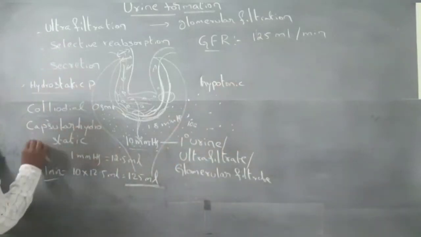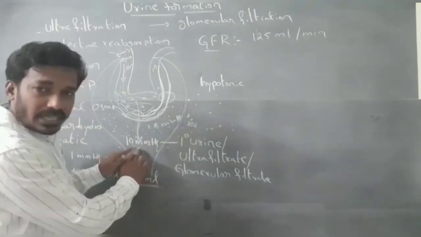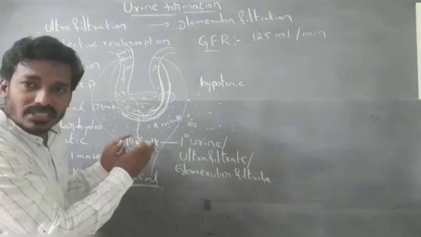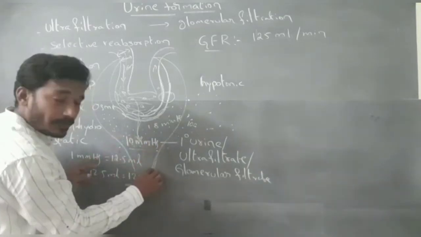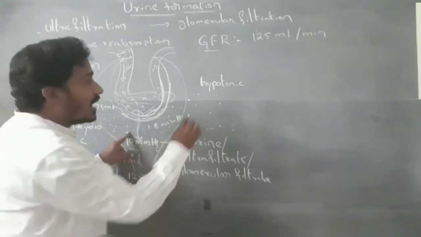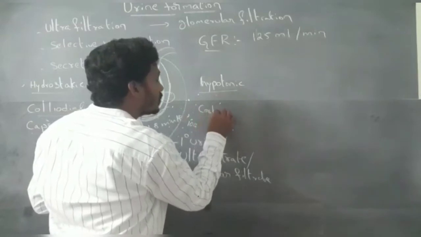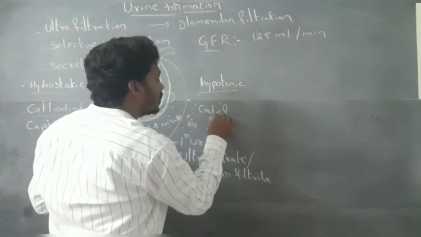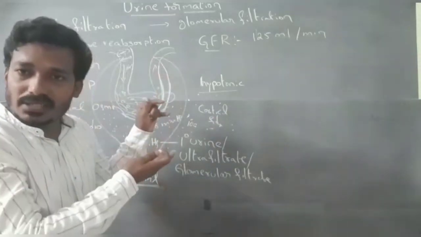Primary urine is present in the lumen of Bowman's capsule, and Bowman's capsule is present in the cortical region.